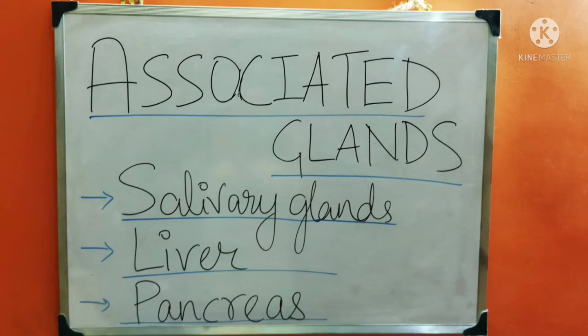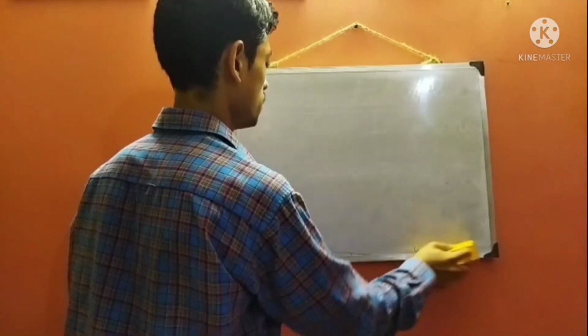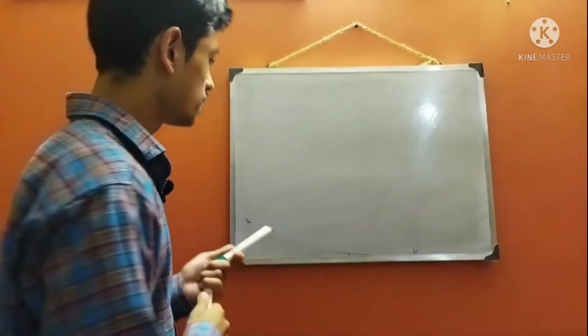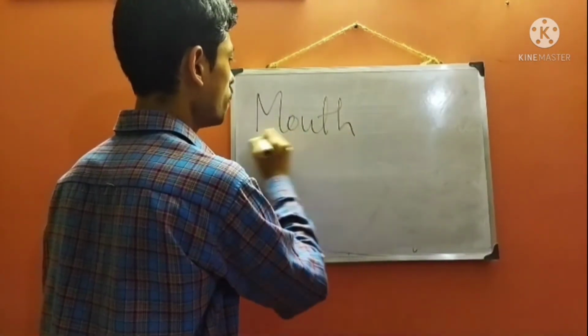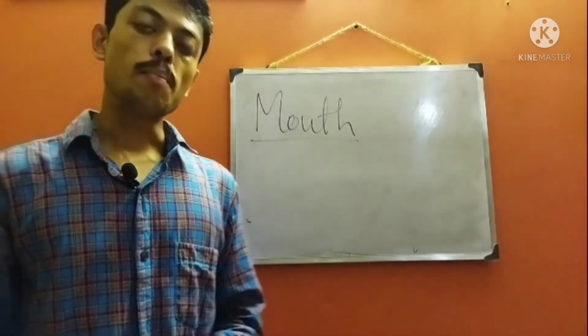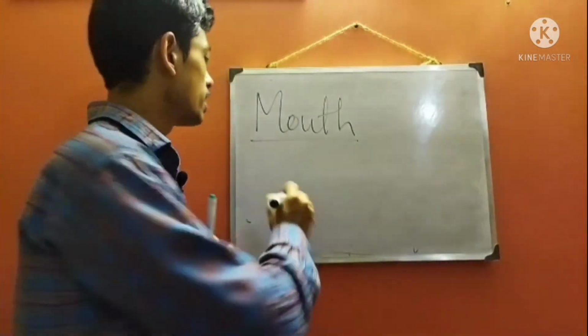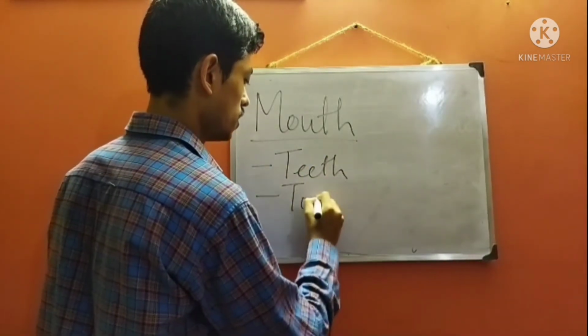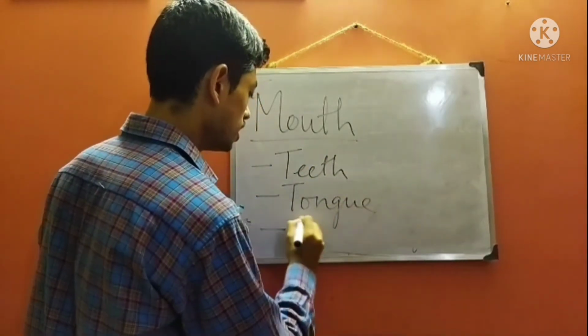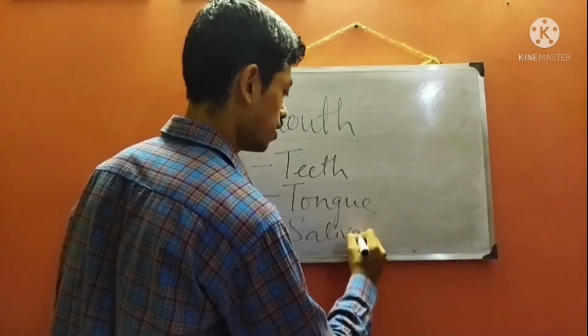Now coming to the alimentary canal and discussing about it, the different organs one by one. First is the mouth. The mouth comprises of teeth, tongue and the salivary glands. Fine.